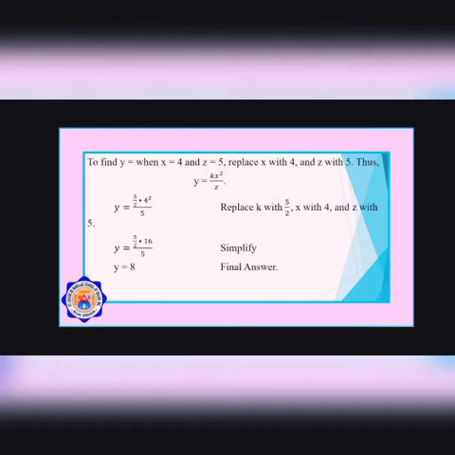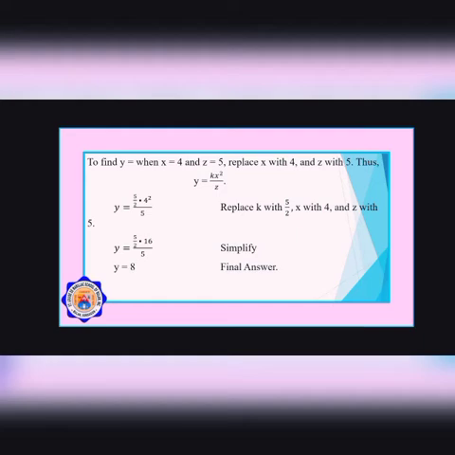to find y when x is equal to 4 and z is equal to 5, replace x with 4 and z with 5, thus the equation y is equal to k times x squared over z becomes y is equal to 5 over 2 times 4 squared divided by 5.